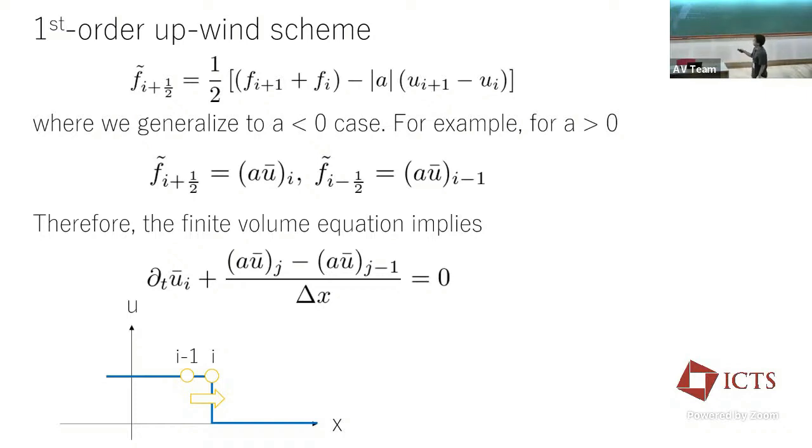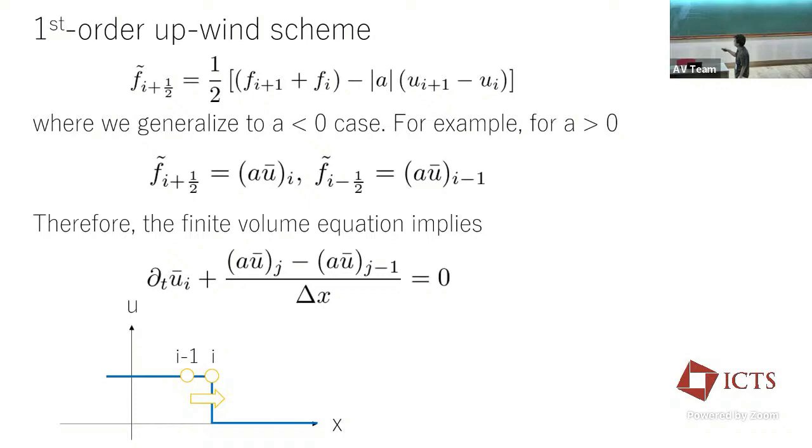So for example, let me take one case, where A is positive. In this case, A is positive and F is A times U, right? Then this term and this term cancel out, and so the numerical flux F tilde is given by this equation.